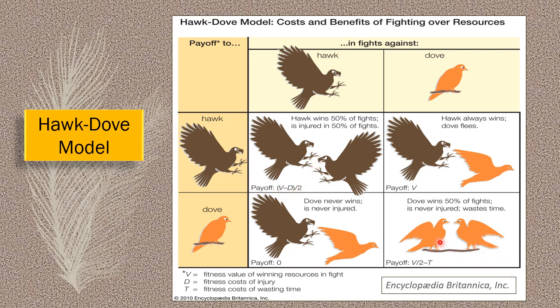When two doves fight, then the payoff will be V by 2 minus T. When a hawk fights against a dove, then the payoff will be only V. So from these formulae, the costs and benefits of fighting over resources can be calculated.